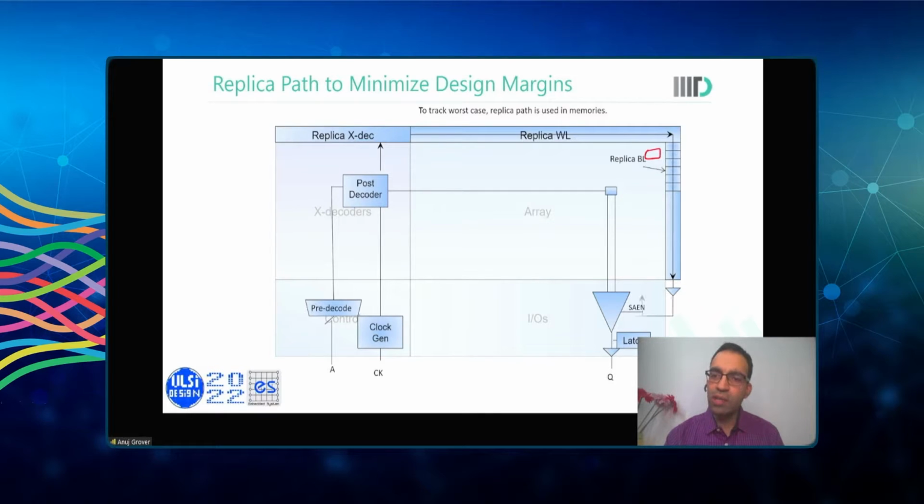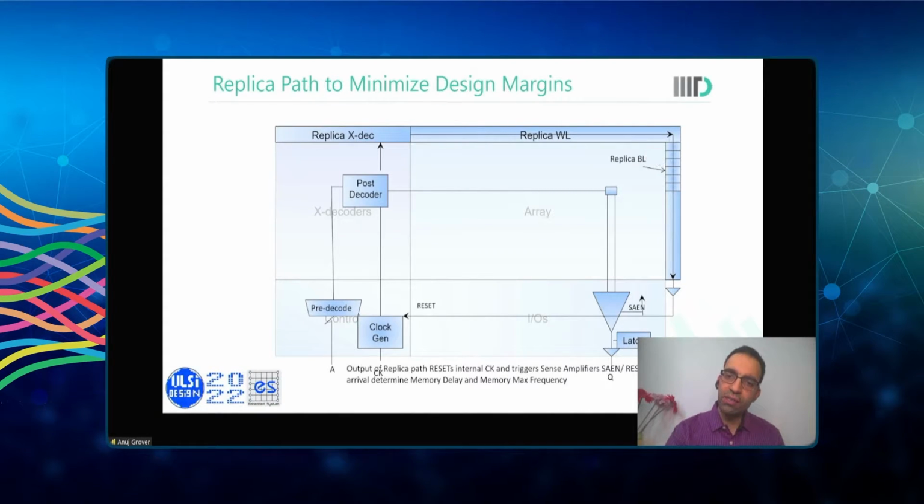The output of the replica path is used to trigger the sense amplifier. A key design optimization or verification that is required is that this SAN arrival should happen only after there is sufficient differential appearing on the bit lines here.